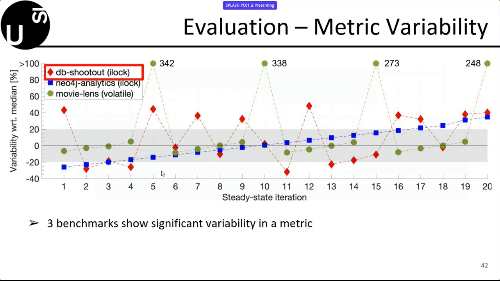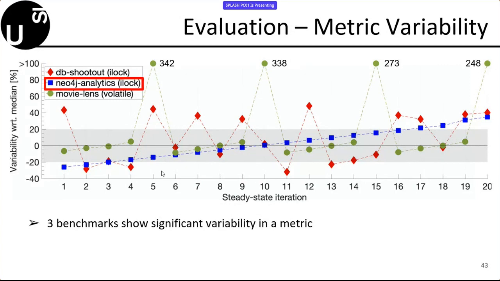Regarding db-shootout, we can see in the slide that in 13 iterations out of 20, the amount of lock acquisitions is higher or lower than the 20% range. This can be seen by the red dots in the slide.